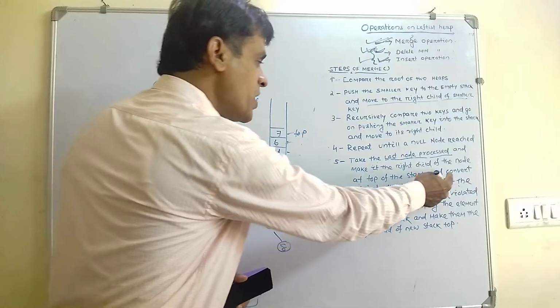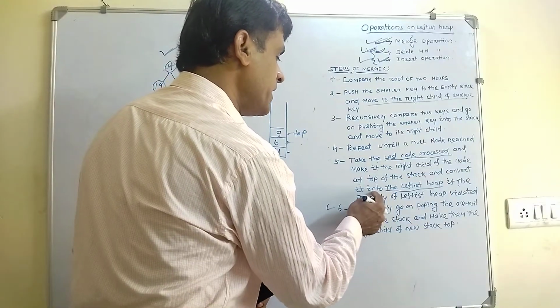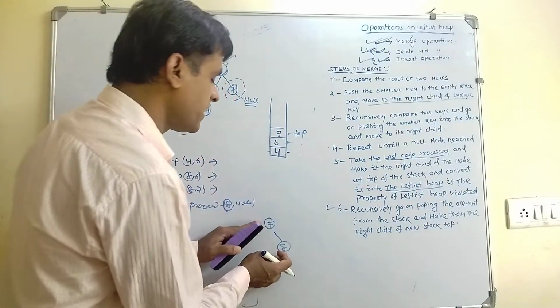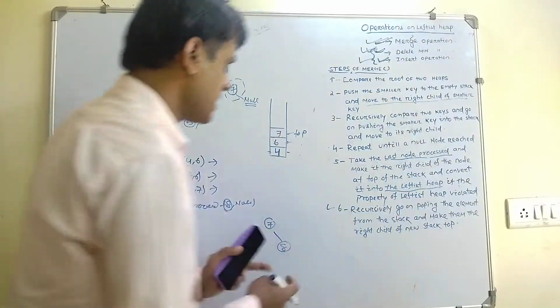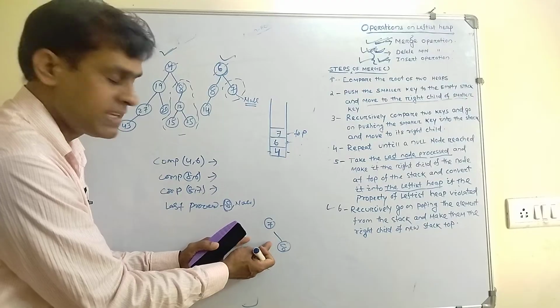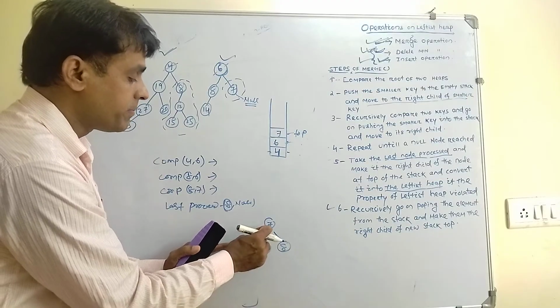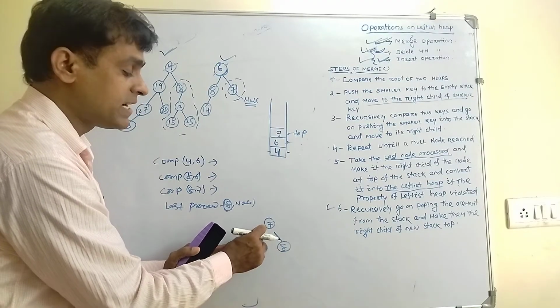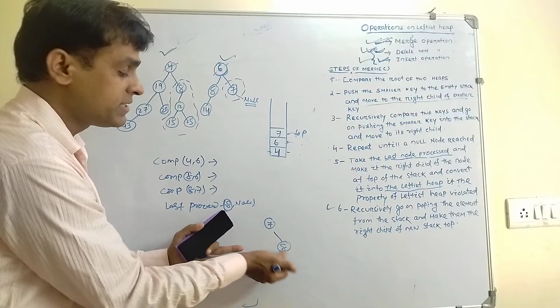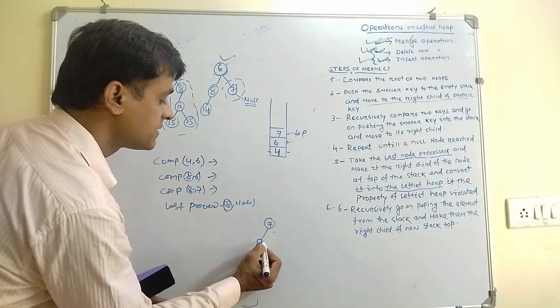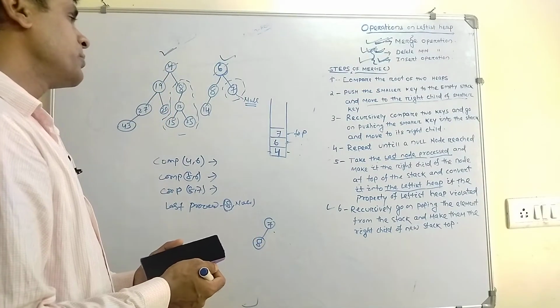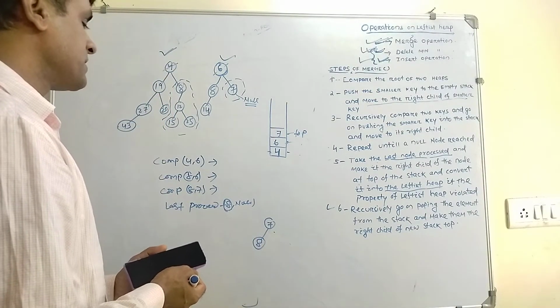Now you have to convert it into a leftist heap. The leftist heap property is violated, because the s value of the left child should be bigger than that of the right child, but here it is violated. So converting means putting this 8 as the left child.